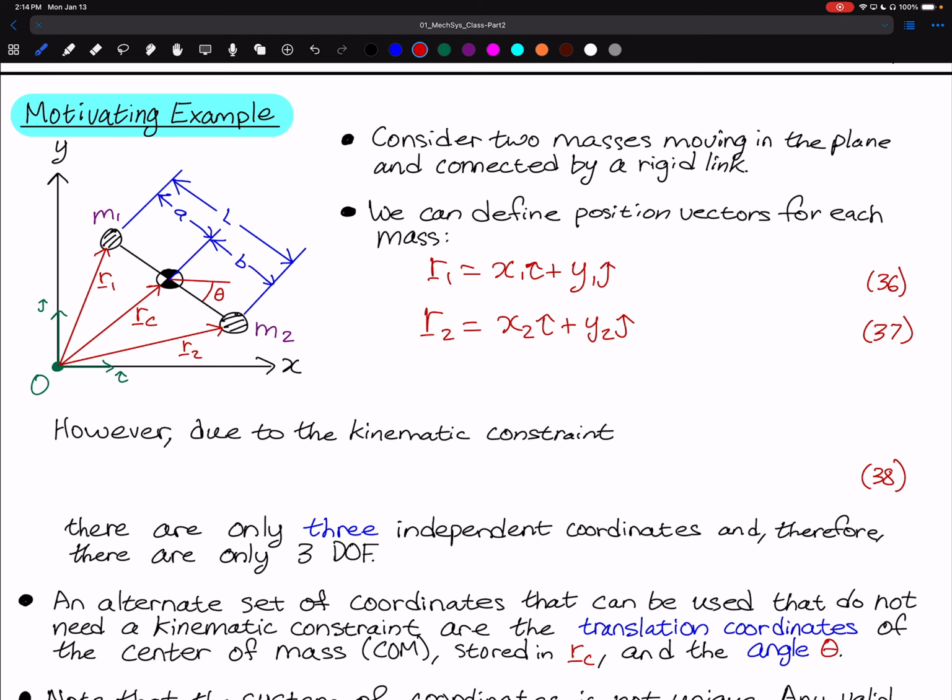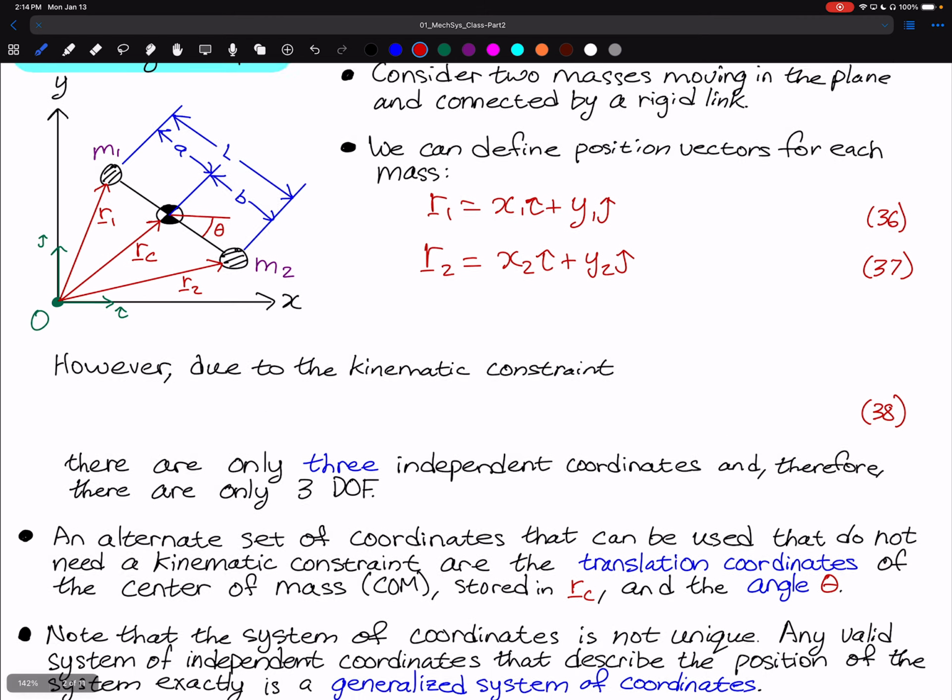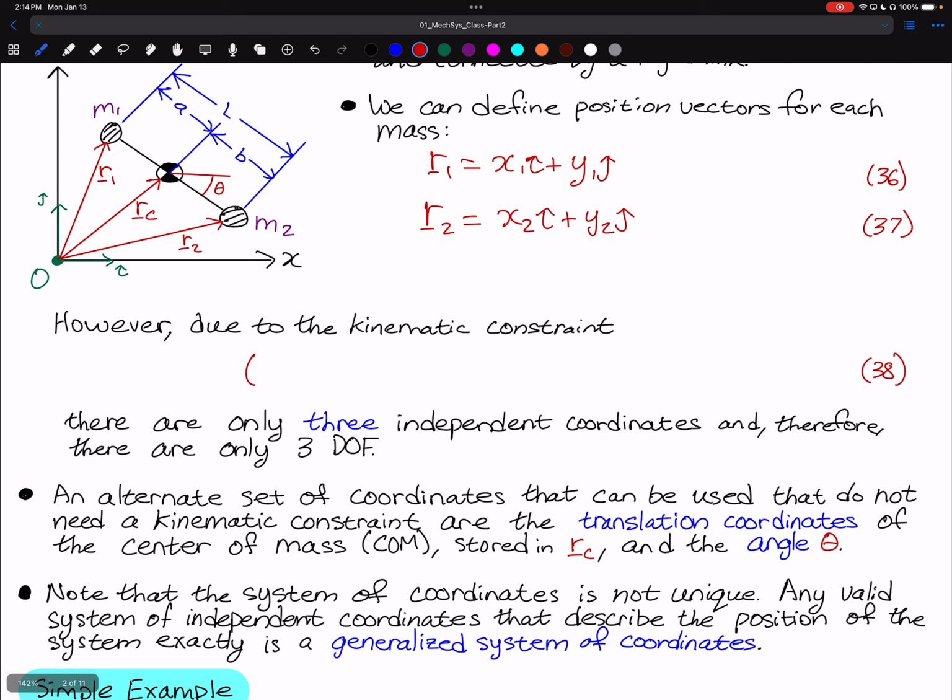However, there is a kinematic constraint that relates these four coordinates together, and that constraint is that the quantity x1 minus x2, squared, and when I say quantity, I mean everything in that parentheses, plus the quantity y1 minus y2, squared, is equal to L squared, with L being the length between the two masses.